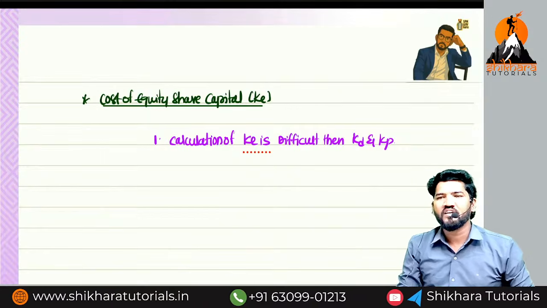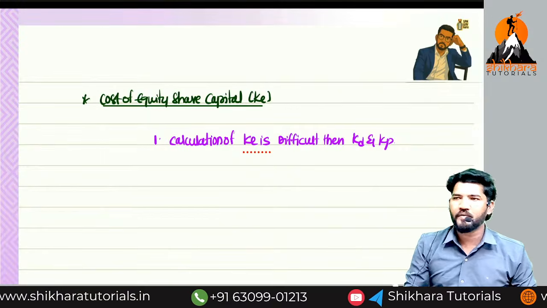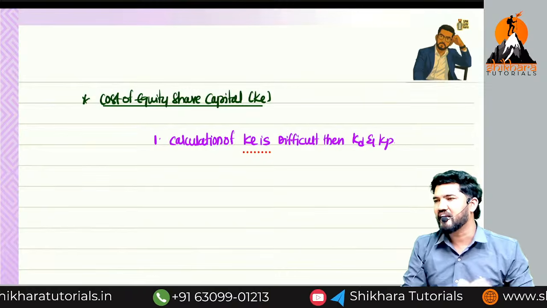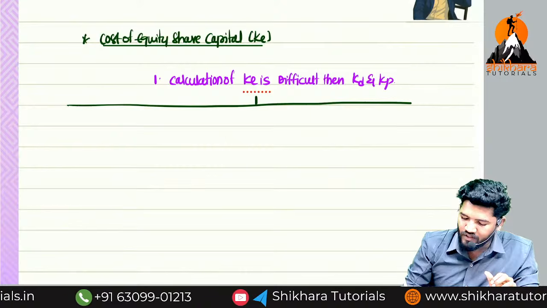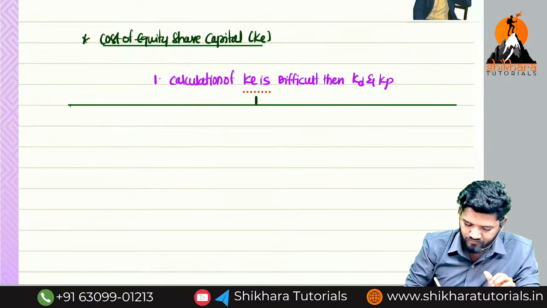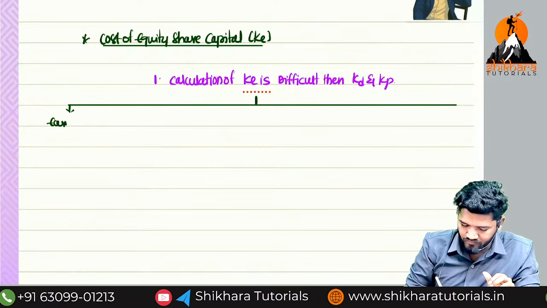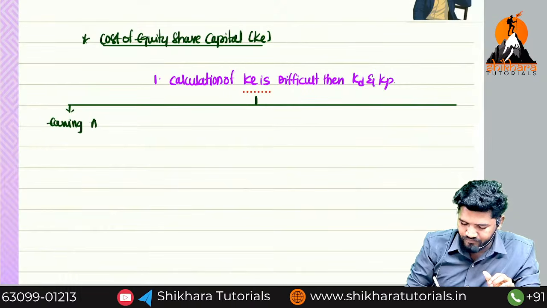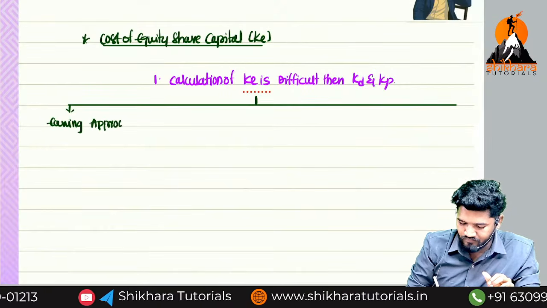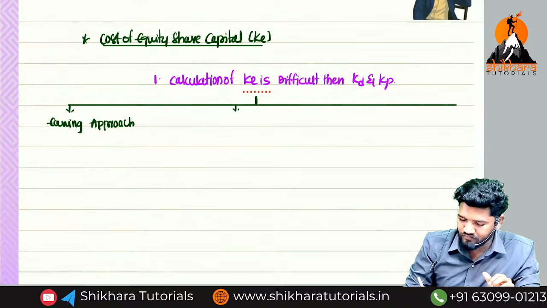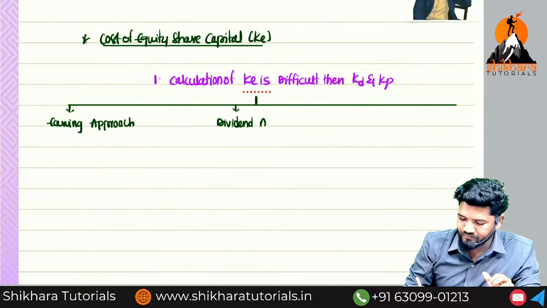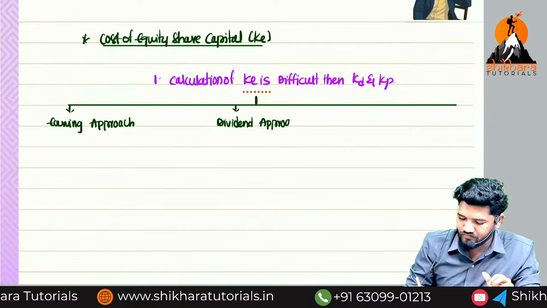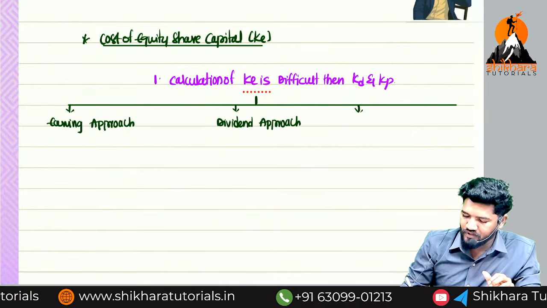Clear? Even though they use the word difficult, they provided four methods to calculate KE. What are the four methods? Earning approach, dividend approach, CAPM.